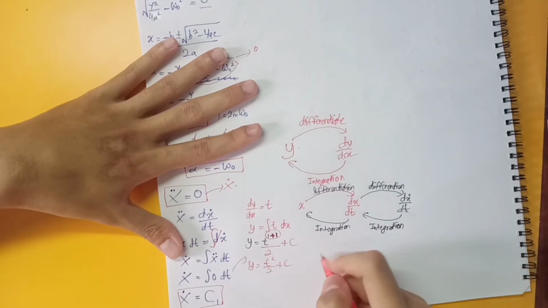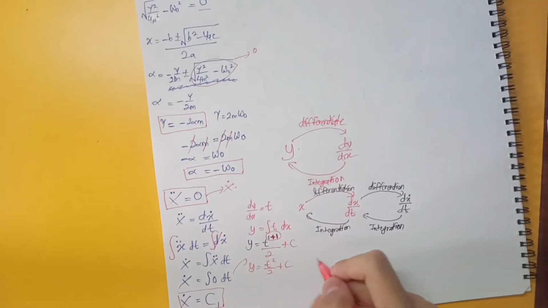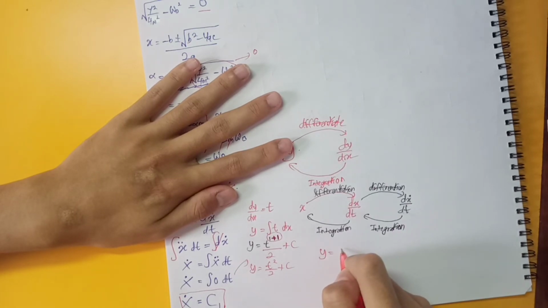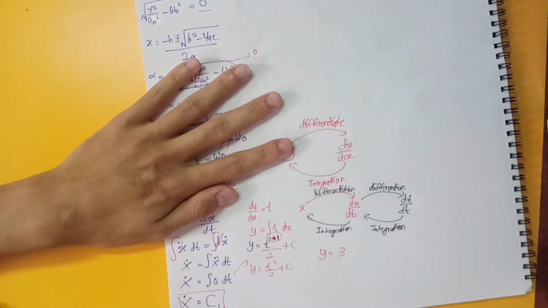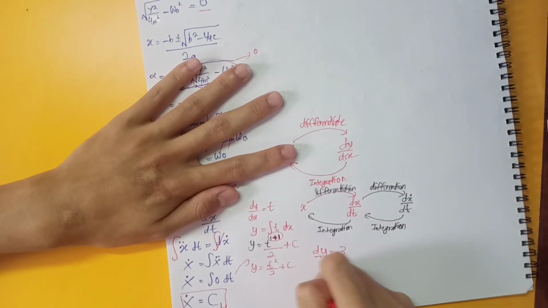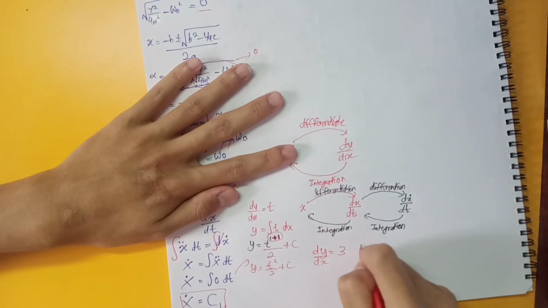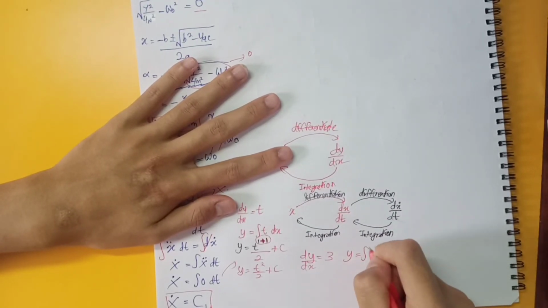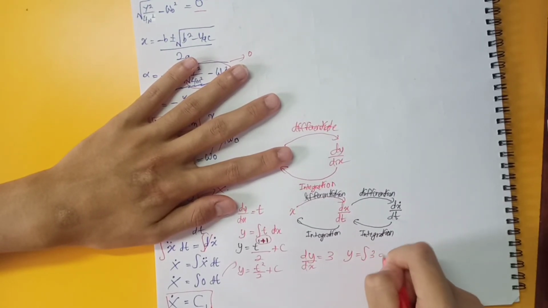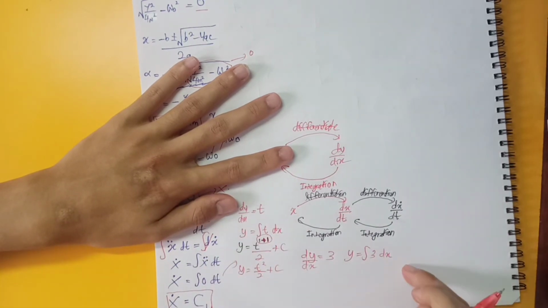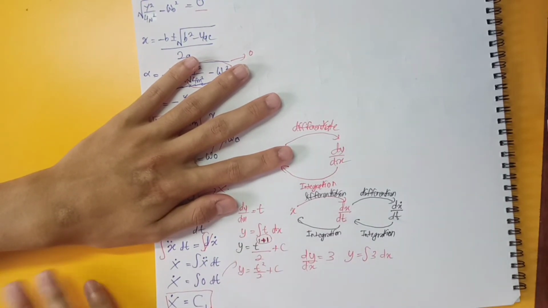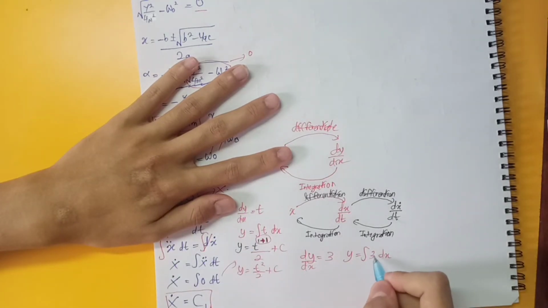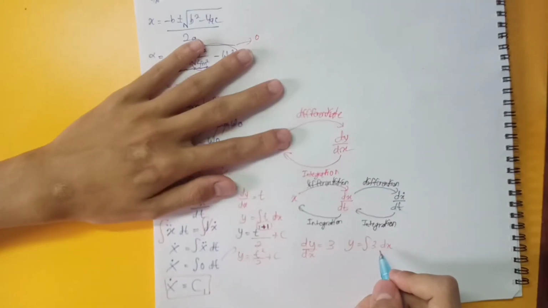Okay, what if we want to integrate a constant? Say that dy over dx is equal to 3. Now we want to find the original form. So y is equal to the integral of 3 dx, right? That means I have to integrate 3 with respect to x. This is a constant.